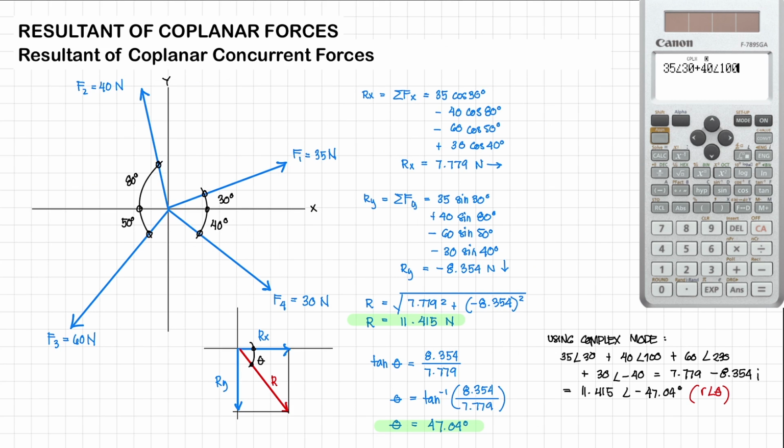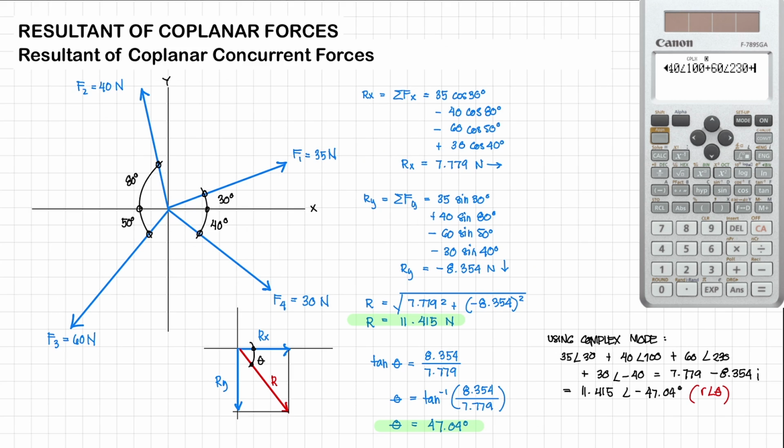Plus our F3, 60 newtons. And then for the angle of inclination, we measure it from the positive x-axis. So that's 180 plus 50, we have 230. So we're going to use 230 right here.